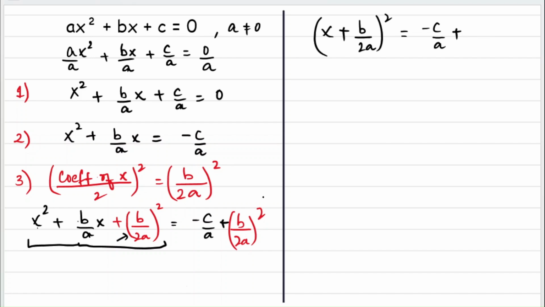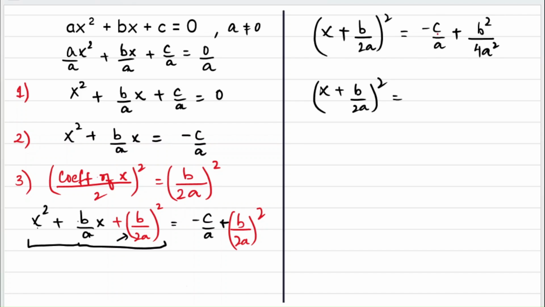Let's simplify it. So b squared is b², and (2a)² will be 4a². So now the next few steps will be simplifying this right side. So I would be getting (x + b/2a)² equals, what is the common denominator of a and 4a²?